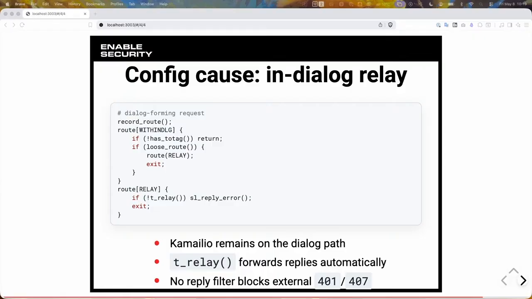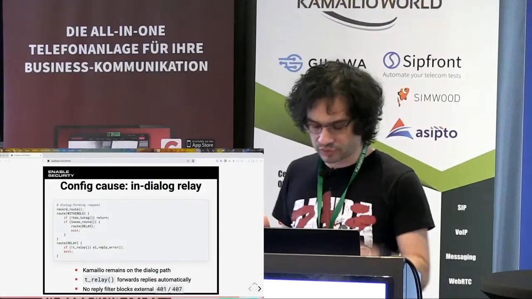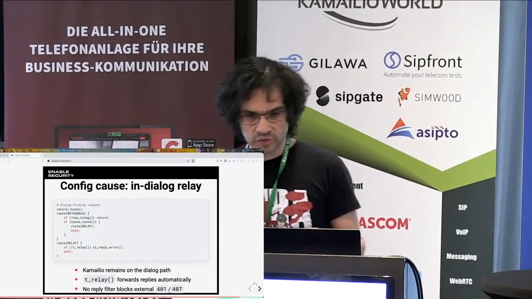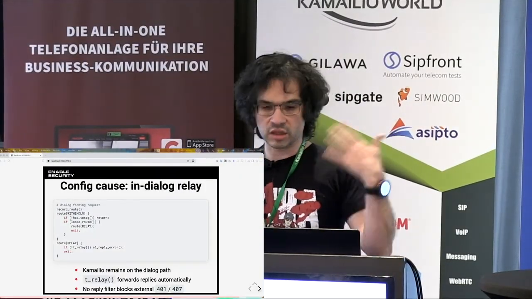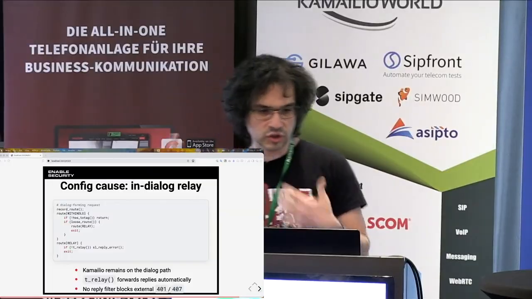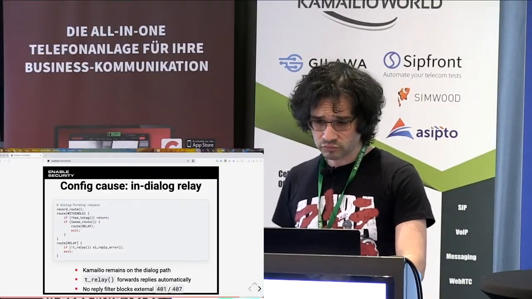Essentially, the T relay over there forwards in-dialogue responses, and this includes the external UA's digest challenge and the response. So Kamailio authentication would not fix this as such. We didn't have authentication here for the incoming calls, but even if you have authentication, with this sort of configuration you could still have this sort of problem.